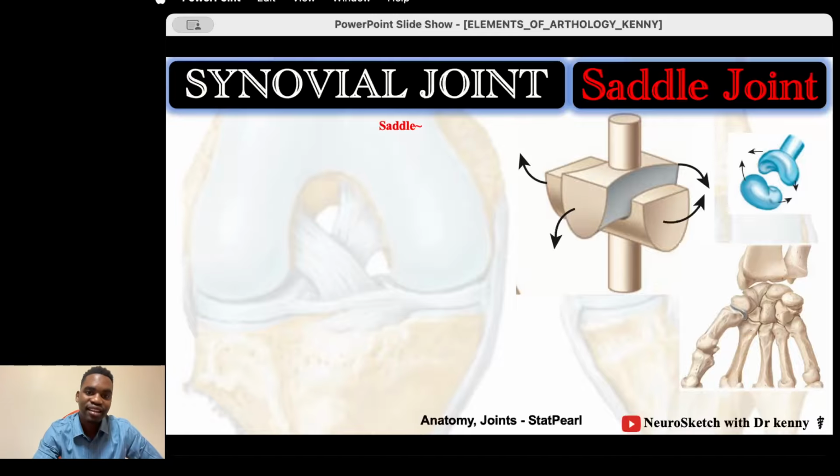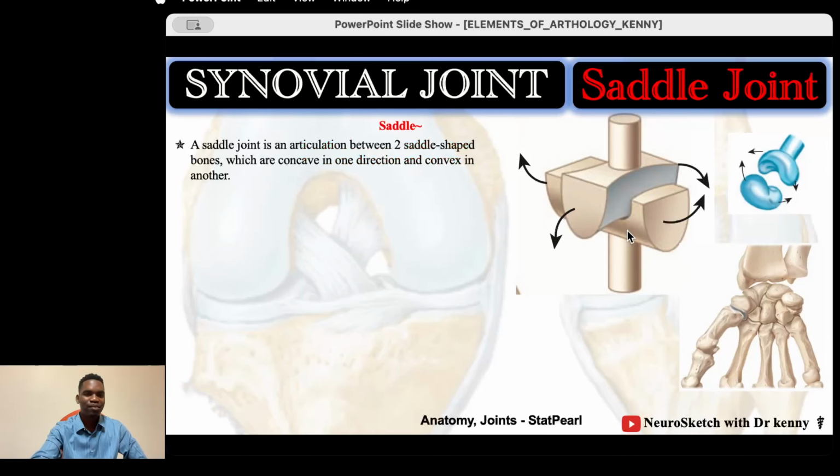It has convex in this direction and concave in this direction. Okay, it's a little bit complicated, but I think it makes a lot of sense. It's like someone sits on a motorcycle, forming this kind of joint. So you can try to imagine that one.